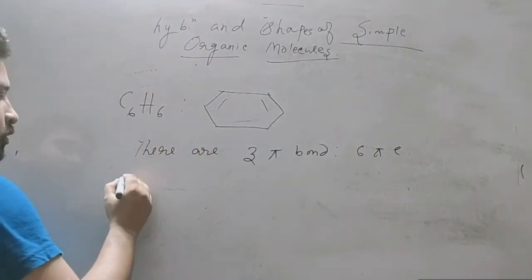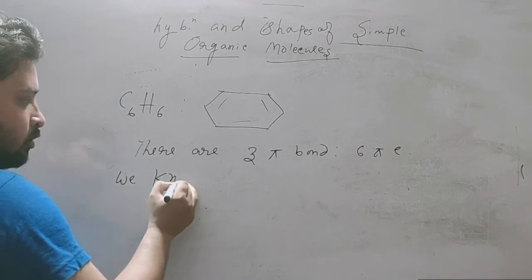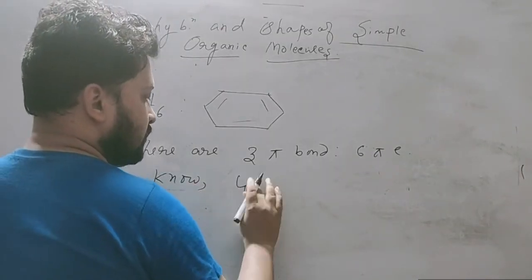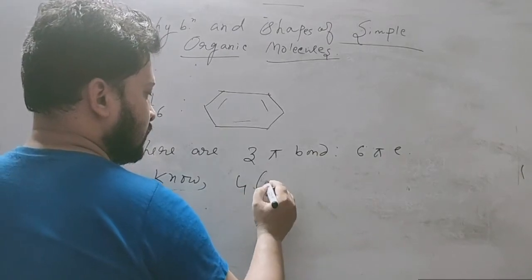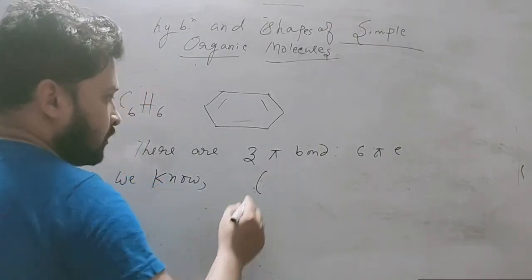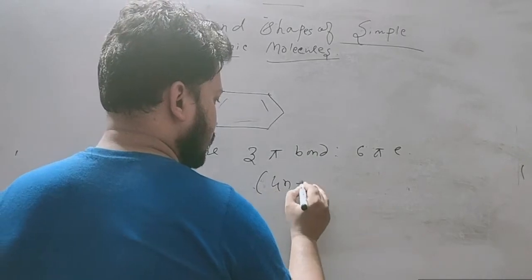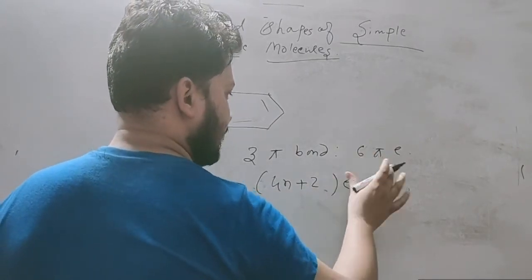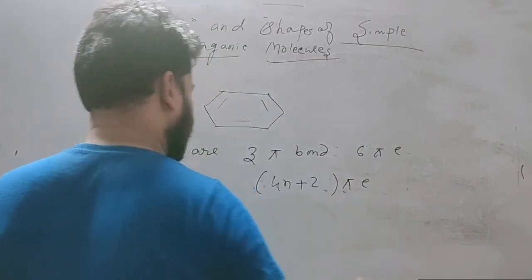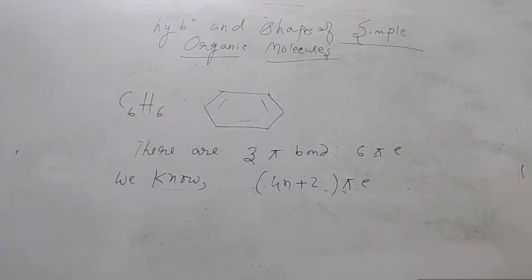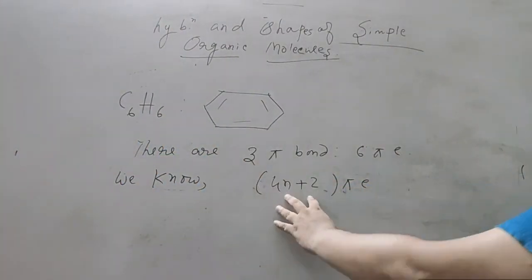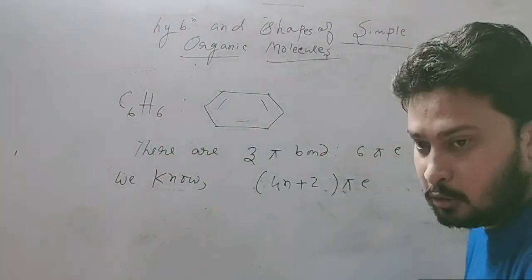We know Huckel rule. If any compound follows this rule, 4n plus 2 pi electrons, then it is called an aromatic compound.